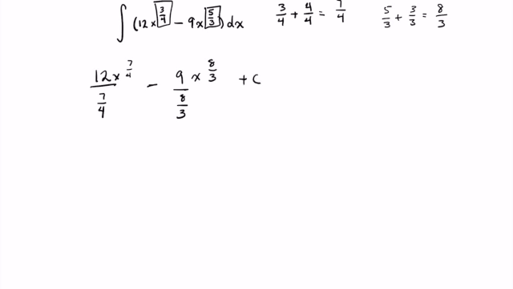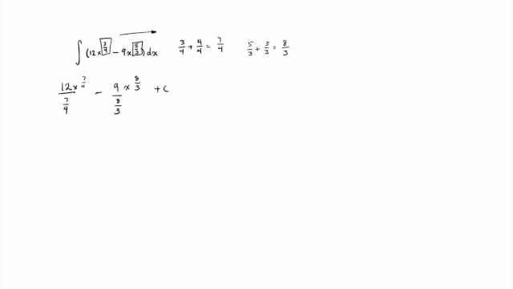Simplify our problem. I now have 12x. Whoops, I'm sorry. We have, keep it, switch it, flip it. I'm going to wind up with 4 times 12x over 7. And that x is to the 7/4 power minus 3 times 9 over 8. X to the 8/3 power plus c. Keep simplifying.